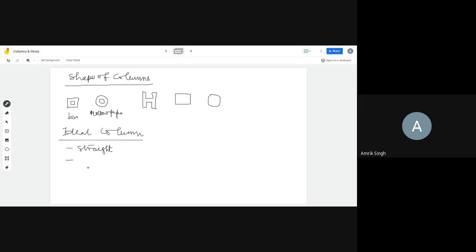The material should be homogeneous, right?